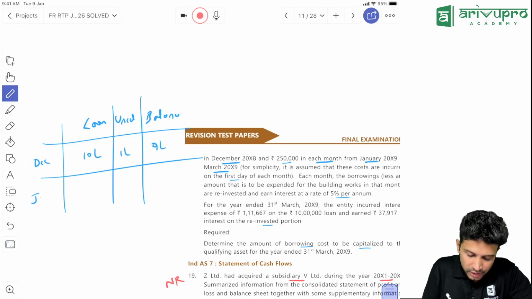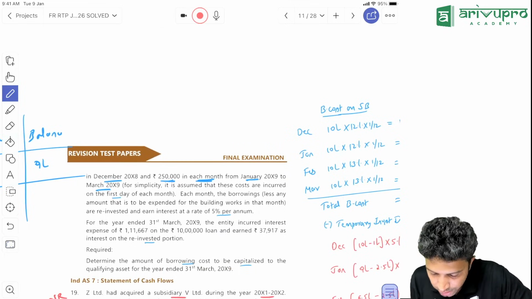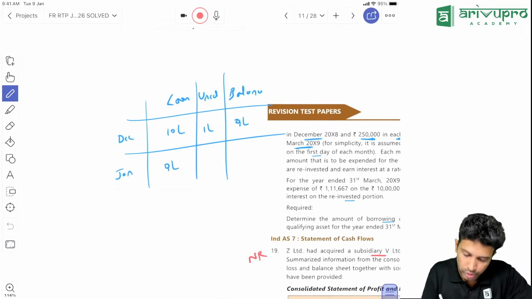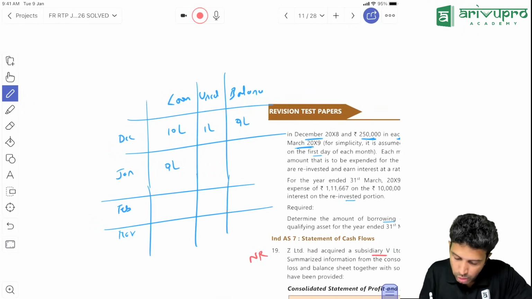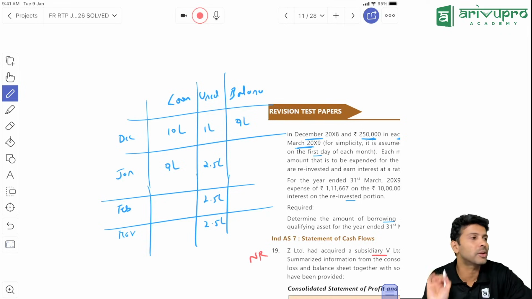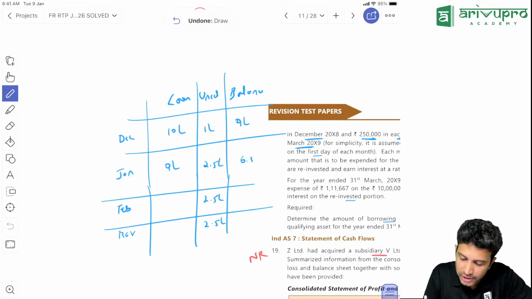Similarly, in January you had 9 lakh. Again, you spent 2,50,000 each month from January to March. So in Jan, Feb, March, totally you are using 2.5 lakh. This much you have utilized. So in 9 lakh, 2.5 is utilized, so remaining is 6.5.